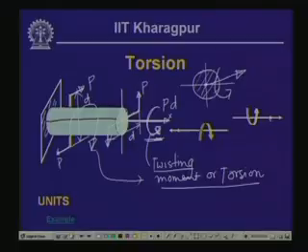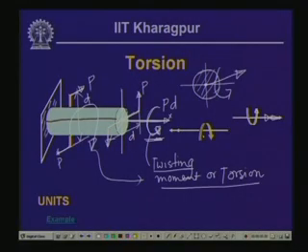If the moment is acting in this form, the direction of the axis is towards the thumb. This is what we call a positive twisting moment, where the vectorial direction is in the x direction. So, the moment is acting on the bar in the form where the thumb is directed towards the positive x axis, and this we call a positive twisting moment.